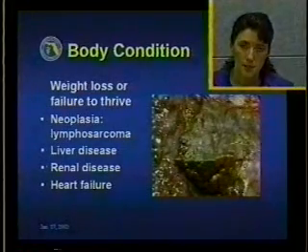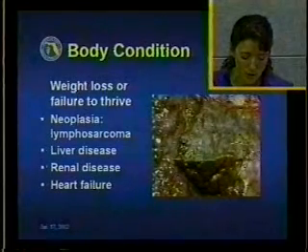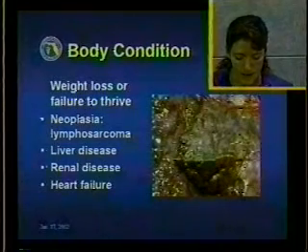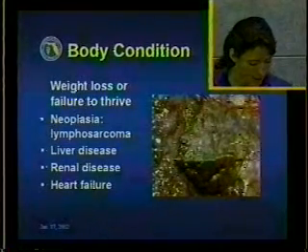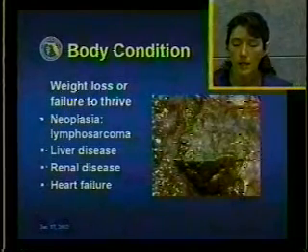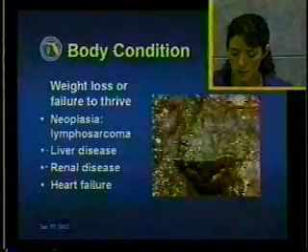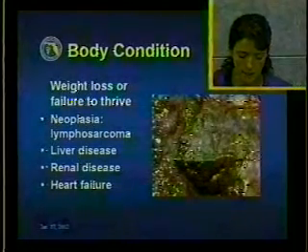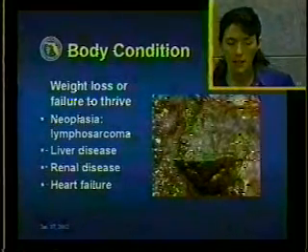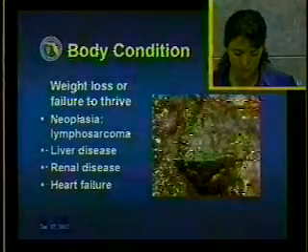Lymphosarcoma, however, is the most common neoplastic condition observed in adult horses, and there's a variety of types: cutaneous, multicentric, mediastinal, or intestinal lymphoma. This disease is most commonly observed in middle-aged horses, so it's not necessarily an old animal disease. Other diseases that may cause a horse to lose weight chronically are liver disease, renal disease, or heart failure.